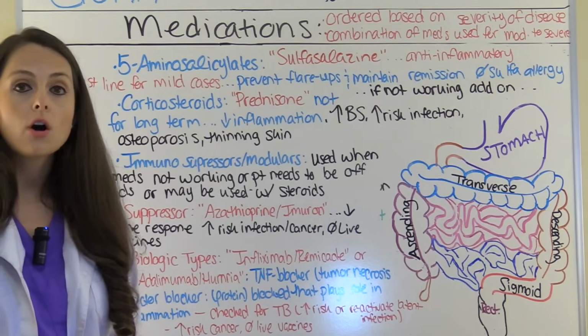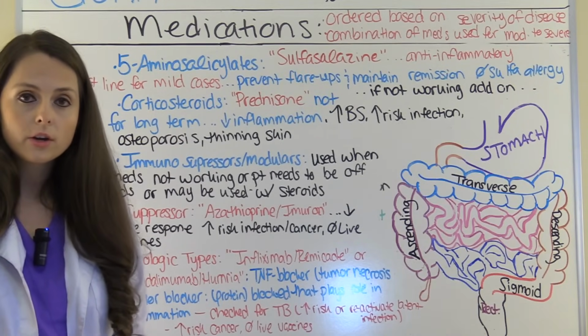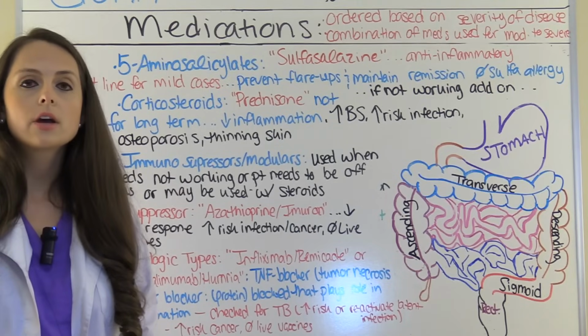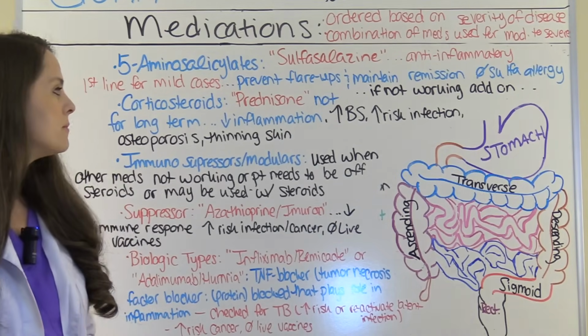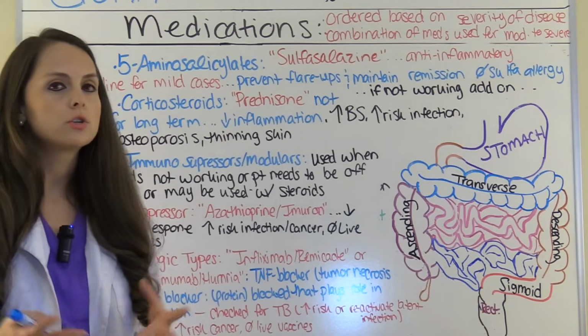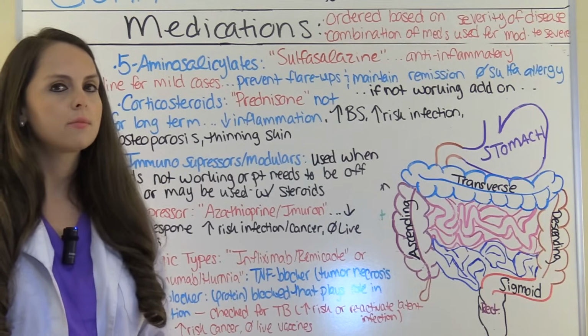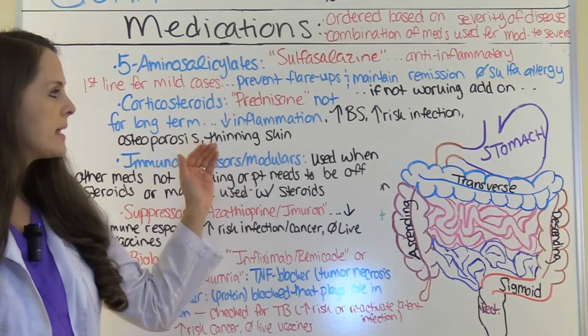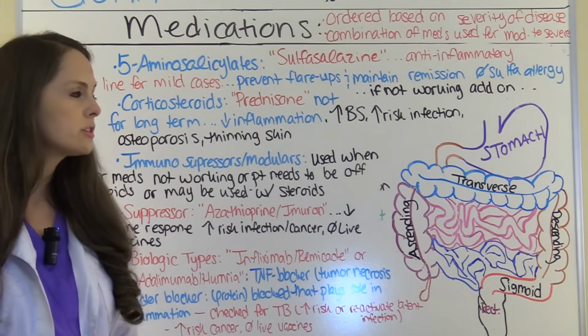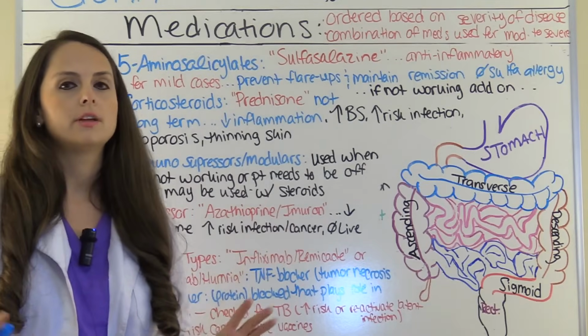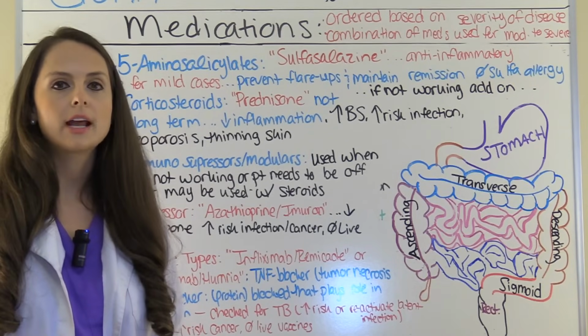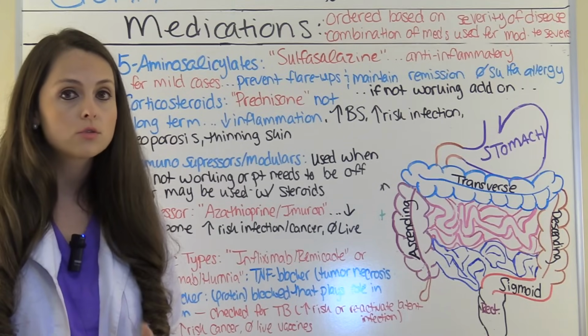These medications are not for long term, and as we learned from our endocrine series, corticosteroids can have some really nasty side effects. What they do is they decrease inflammation, which is good, but the side effects that come along with it are not. You can have increased blood sugars. I've had patients whose blood sugars will be through the roof, like 400, 500, 600, and they're not even diabetic, but it's from these corticosteroids.